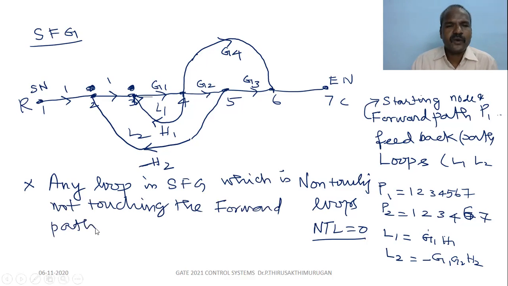Not only P1 or P2, but any forward paths. If that is also available, we require it for the analysis, right?